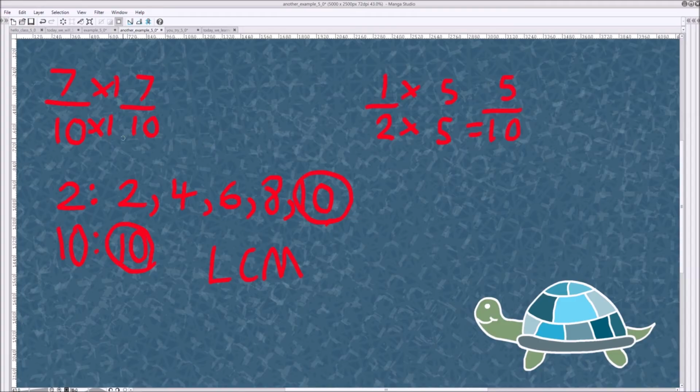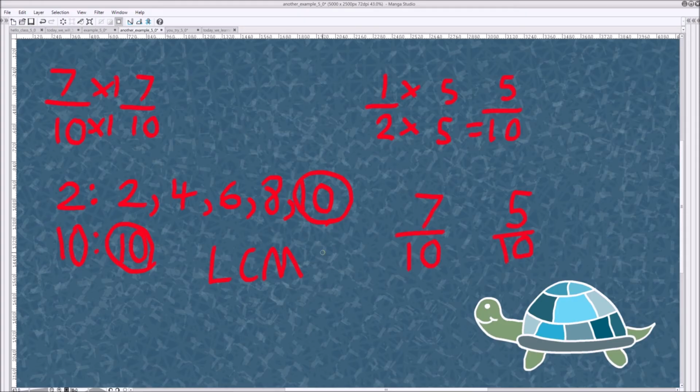So you don't even need to worry about multiplying it by 1. It just stays the same. So our fractions that have a common denominator, and remember it is our lowest common denominator, is 7/10 and 5/10.